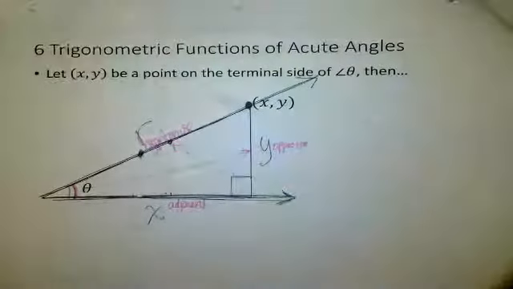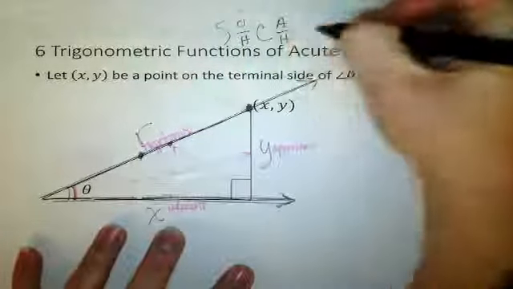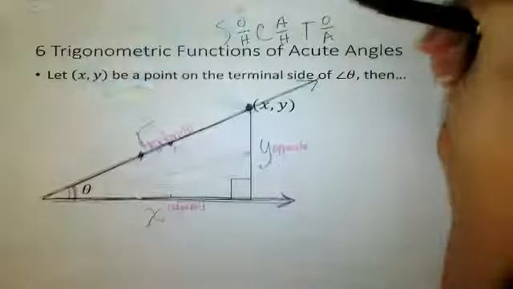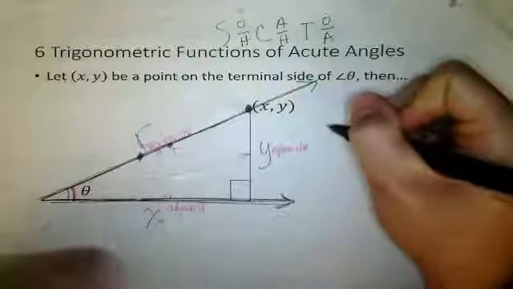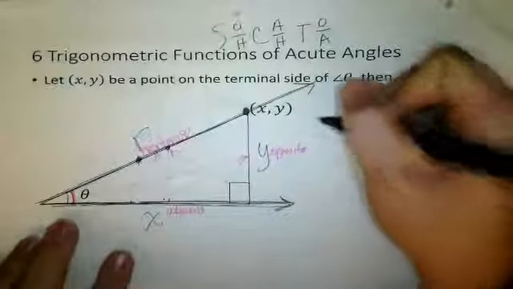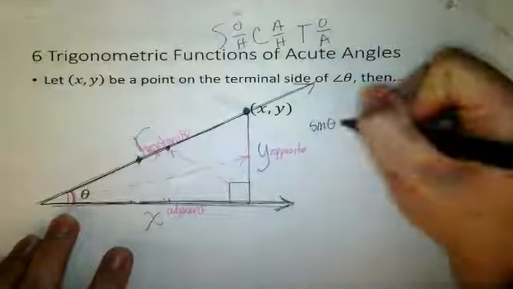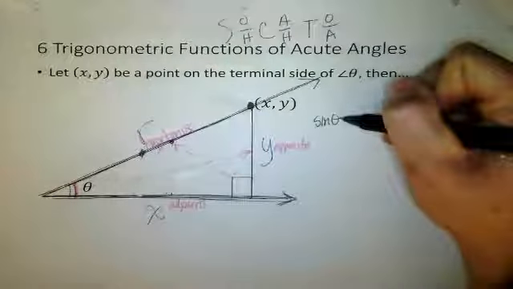Okay, so we have our labels on. You know SOHCAHTOA. Again, I write it this way because it tells you that we have it in ratio form already. Here we have our 6 trigonometric functions, and you're going to start with just 3. Sine according to angle theta. The most important thing in trigonometry is the angle theta.